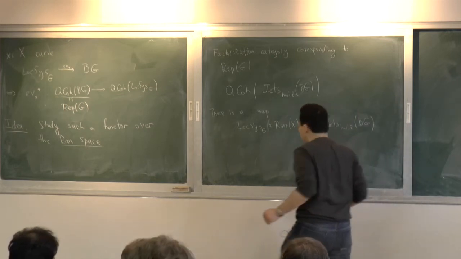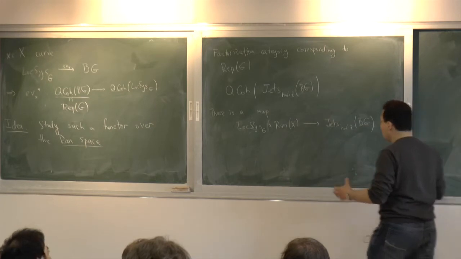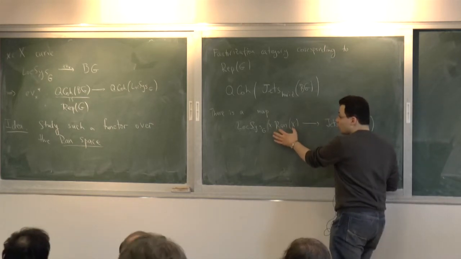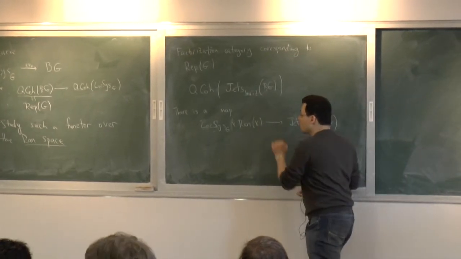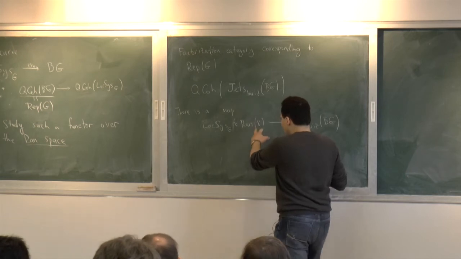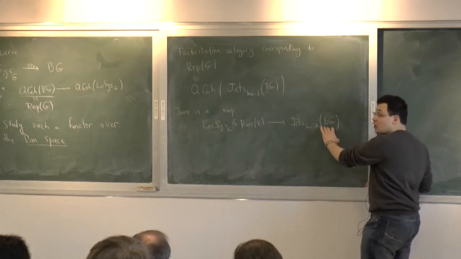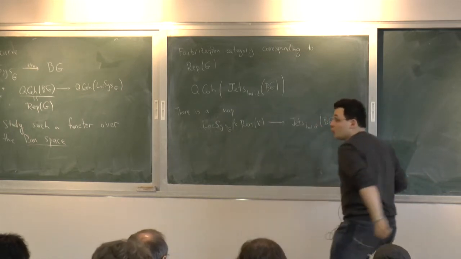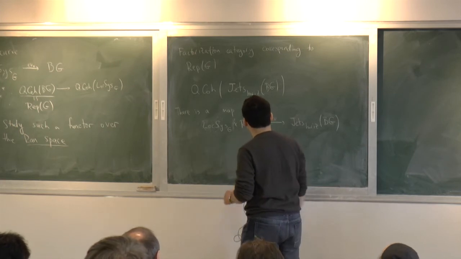These are all maybe funny looking symbols, but for a fixed point in the Ran space, this is an extremely simple map. A point in the Ran space is just a subset of X, and the target over that point is just that many copies of BG, and we just evaluate our local system at each of those points. So let's also call this the evaluation map.